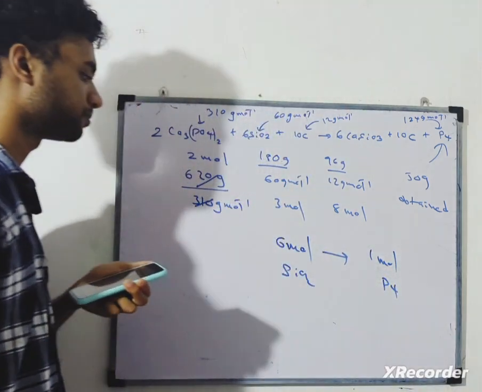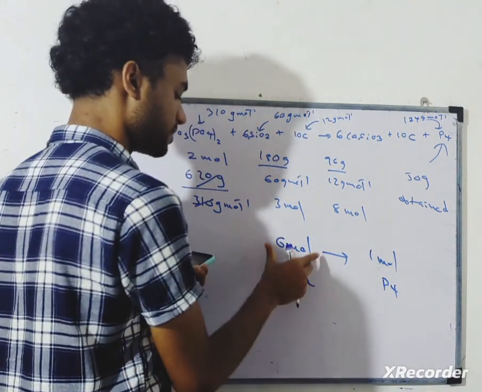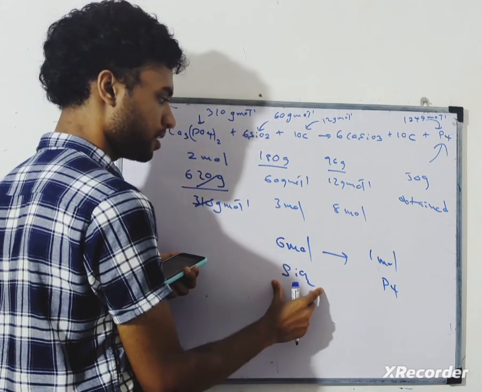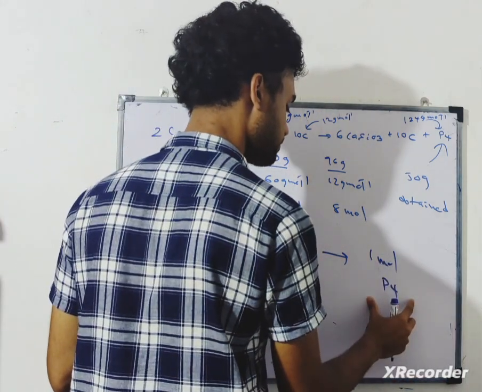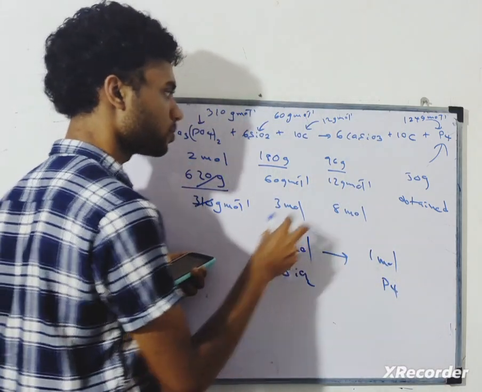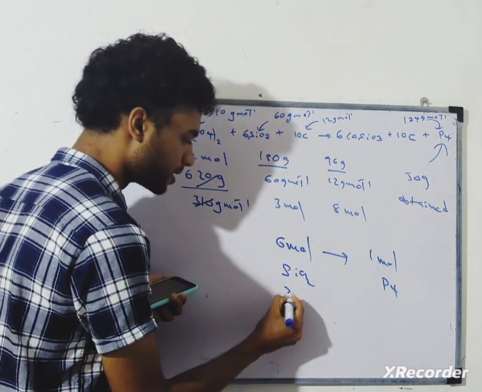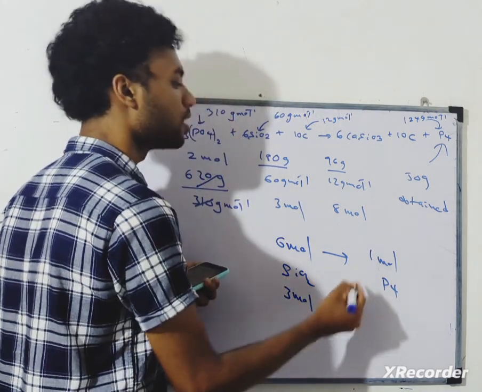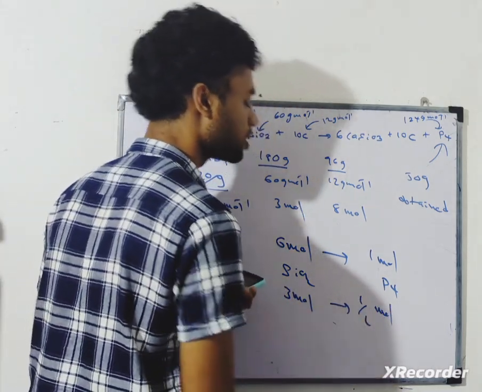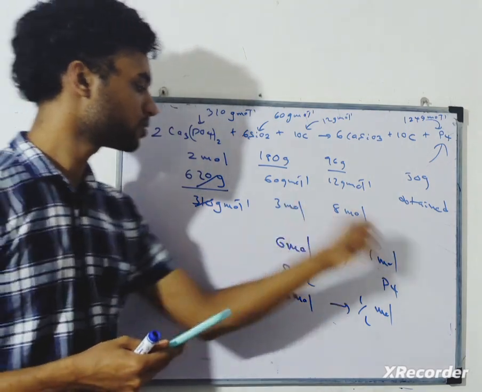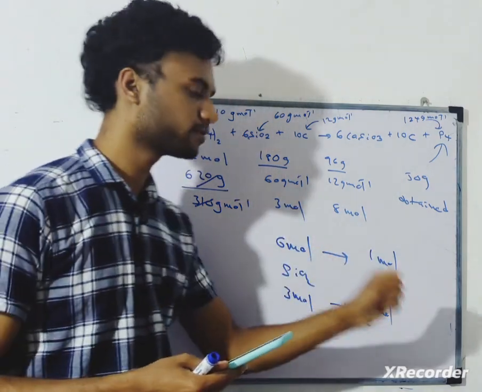Clear? If I have 6 moles of silicon dioxide, I should have 1 mole of P4. The stoichiometry is 6:1. If I have 3 moles, then I should have half a mole of P4. 6:1 becomes 3:half.